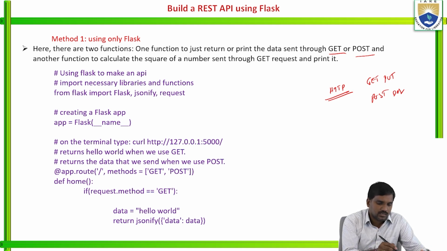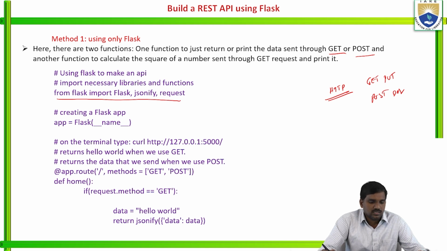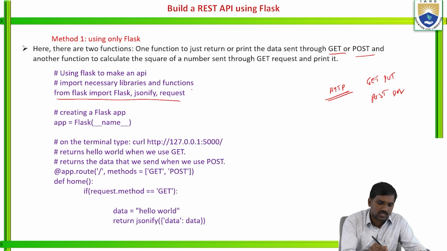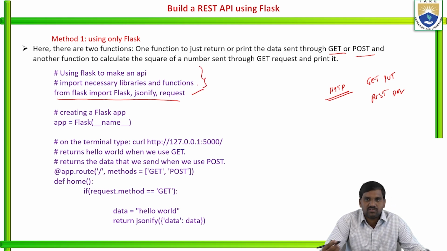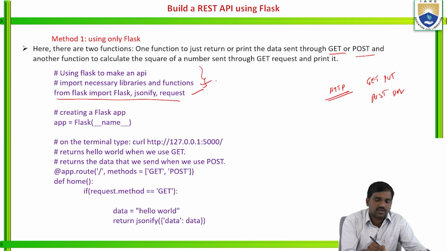First, write from flask import Flask, jsonify, request. These are the commands using Flask to make the API and import the necessary libraries. Whatever libraries are required, you can import from the source.